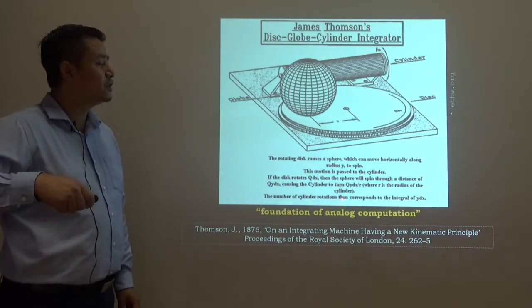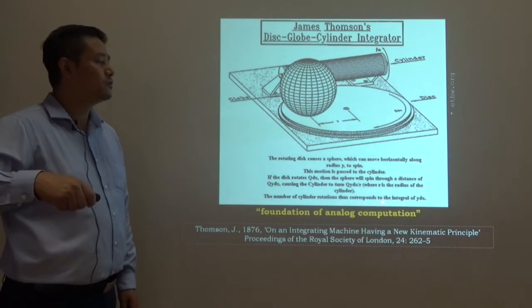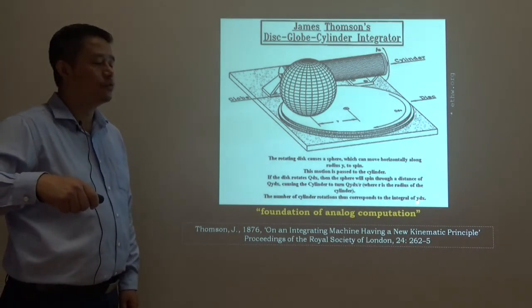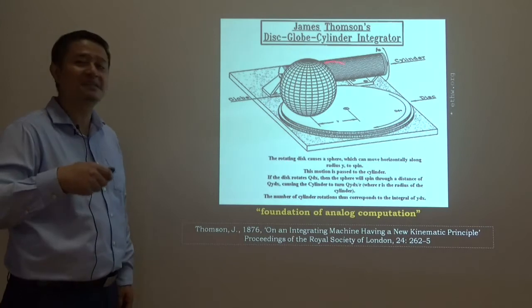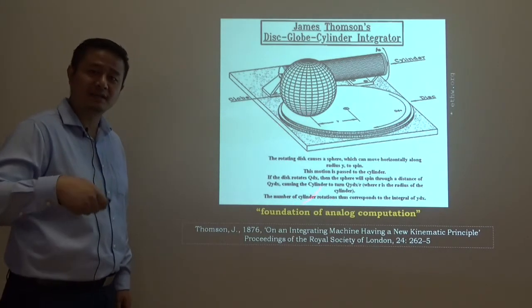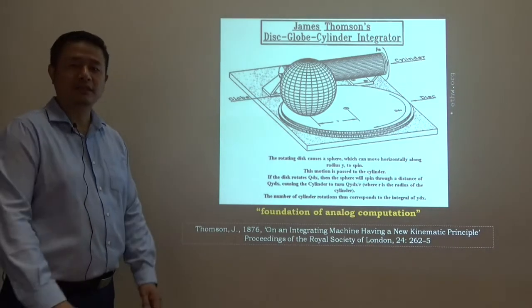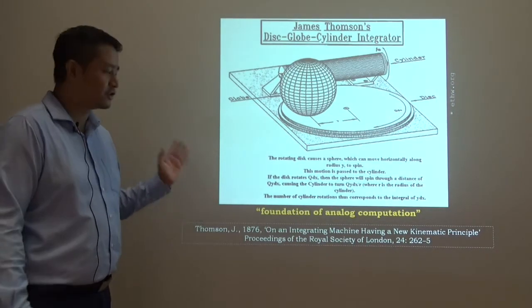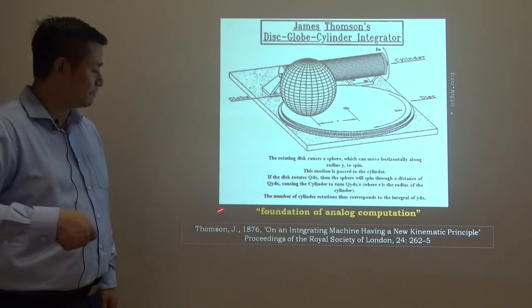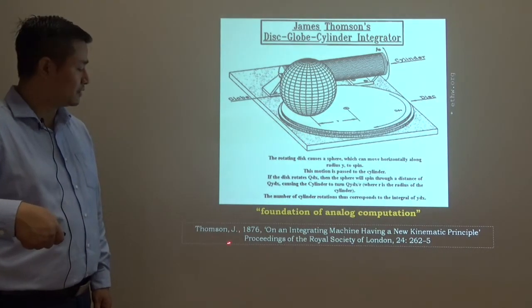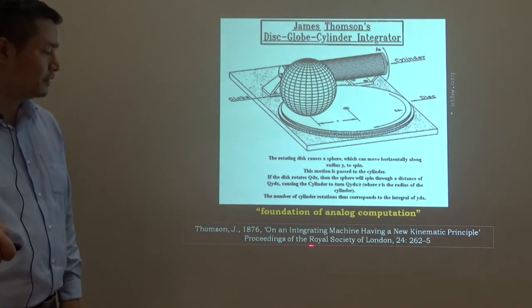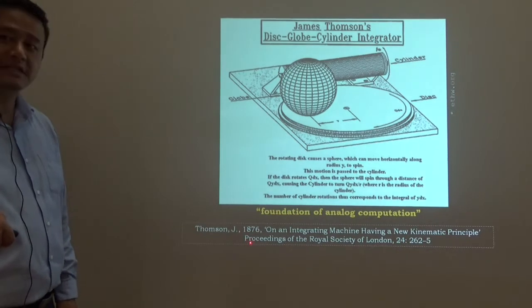The number of cylinder rotations corresponds to the integral of y dx. So it's basically a mechanical integrator. Integration, as we have known in modern calculus, it actually does that. This comes from a scientific paper, Royal Society of London, in 1876.